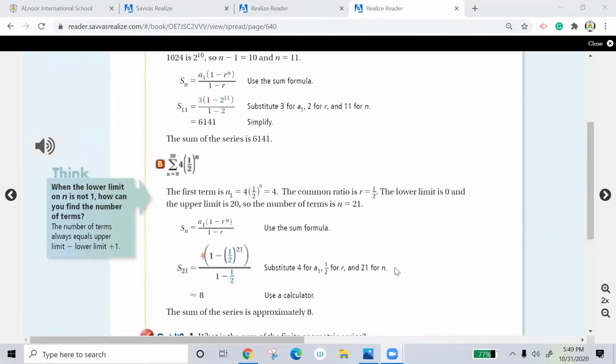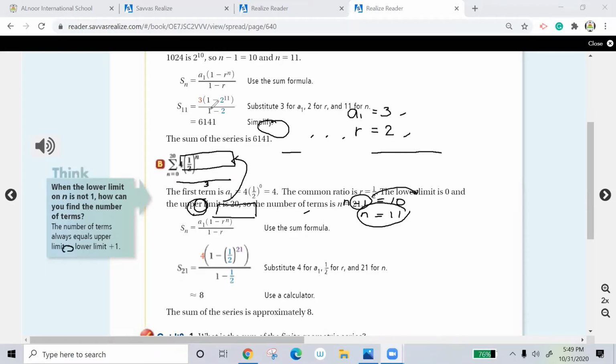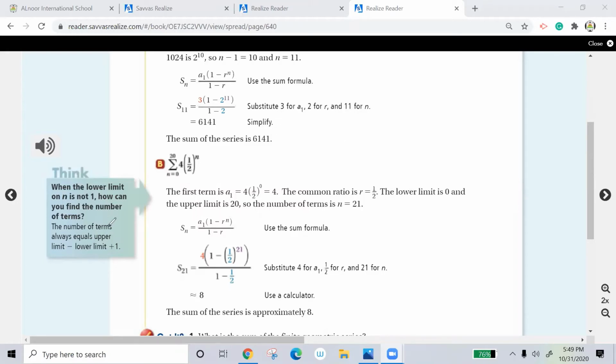Okay, from letter B, we have the summation of n equals 0 to 20 of 4 times 1/2 raised to n. So when the lower limit of n is not equal to 1, how can you find the number of terms? The number of terms always equals upper limit minus lower limit plus 1.